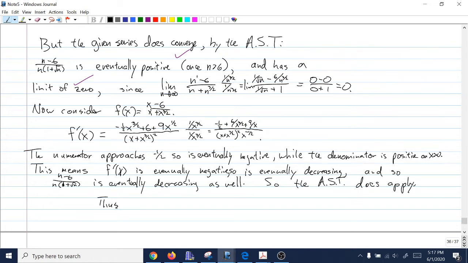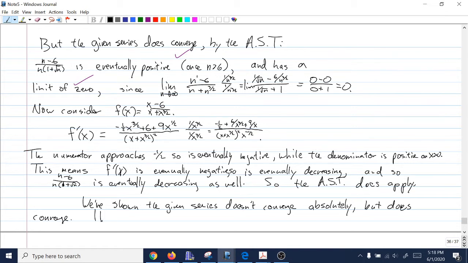Thus, or we've shown the given series doesn't converge absolutely, but does converge. Hence, it converges conditionally.